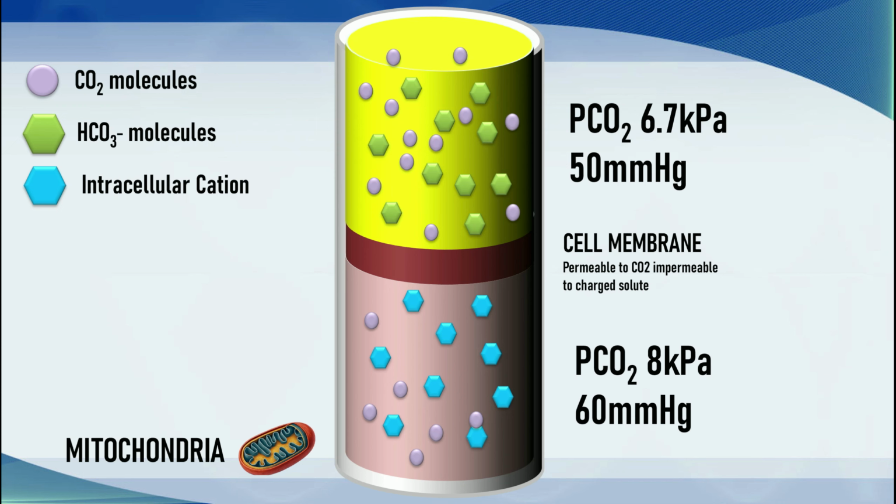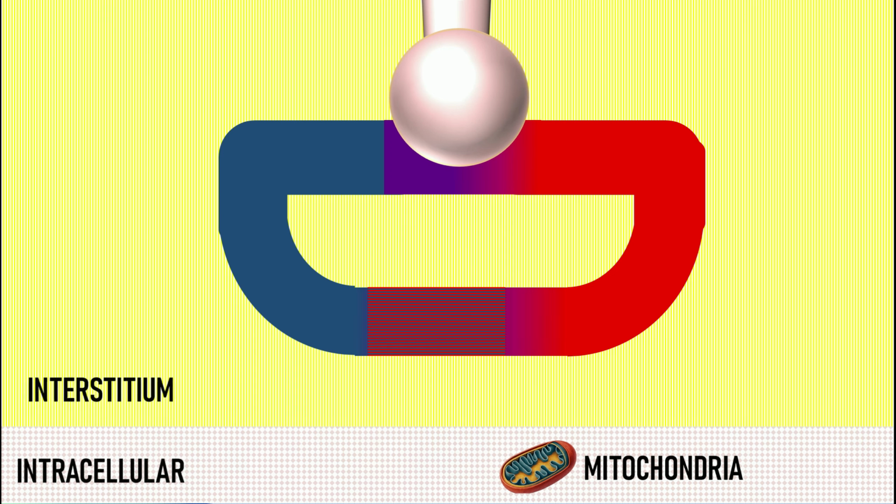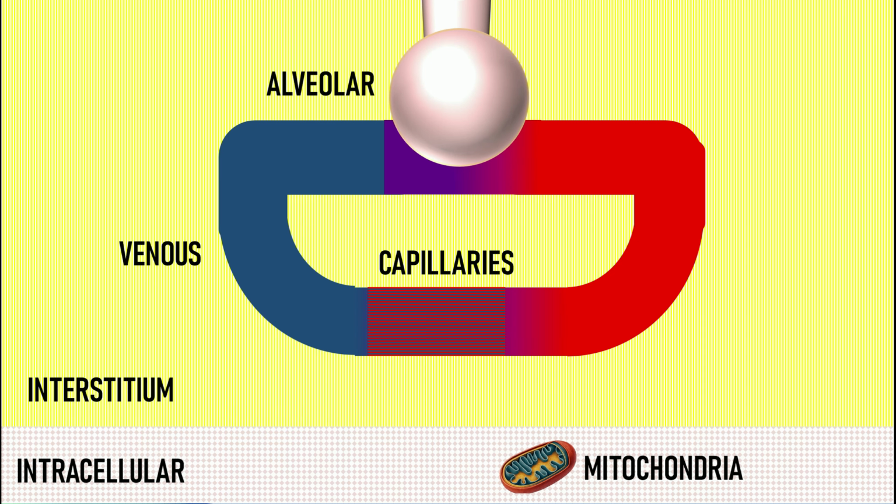Now, let's look in more detail at the partial pressure gradients of carbon dioxide between the mitochondria and the airway. In this cartoon, we have the mitochondria, the intracellular space, the interstitium, the venous and arterial capillaries, venous blood, the alveoli, and arterial blood.